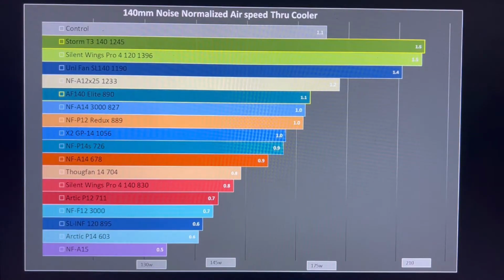Now let's take a step back and take a look at how these fans can compare against a bunch of other fans that I've taken a look at. This is primarily with 140mm fans. I have a couple 120s that performed really well just as comparison points, but it's going to be primarily data from the 140mm class fan. We have the fan name and the RPM that it was spinning for my standard noise normalized value of 40 decibels by my readings.